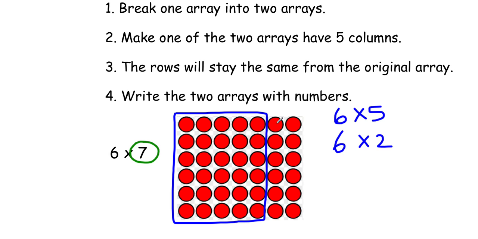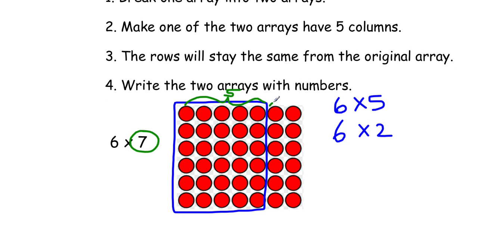We had 7 columns here, and now we actually have 5 columns right here, and we have 2 columns right there. Hence we have the 5 plus the 2. 5 plus 2 happens to be 7.